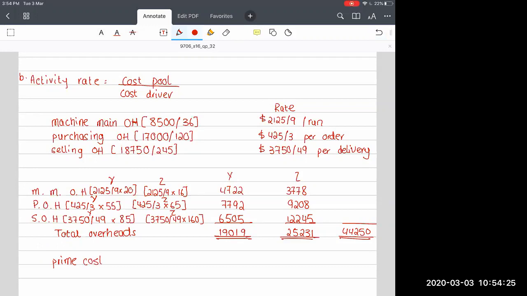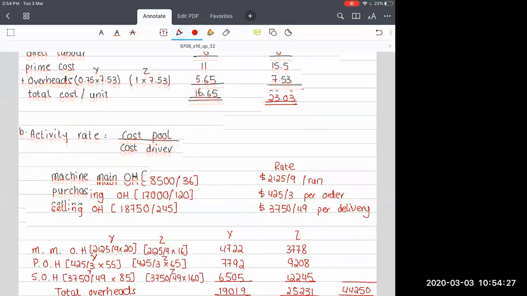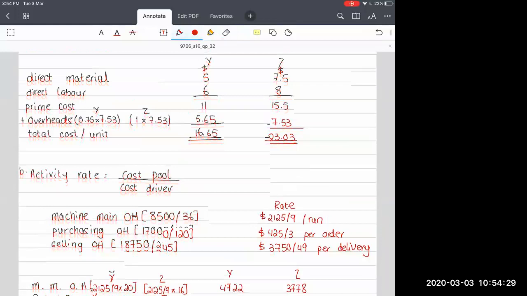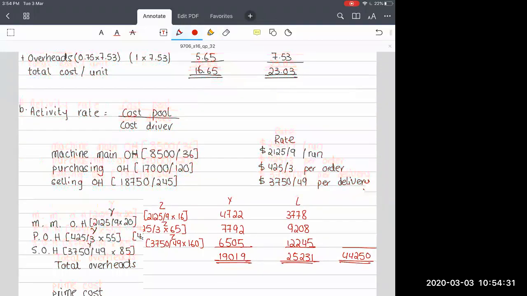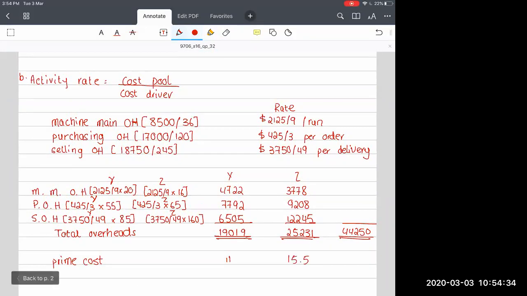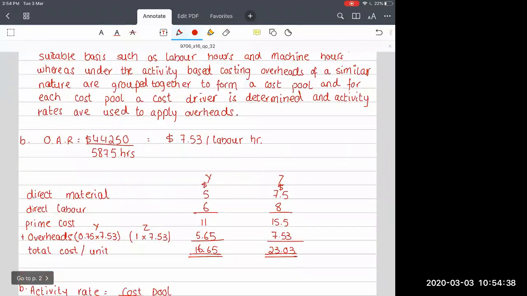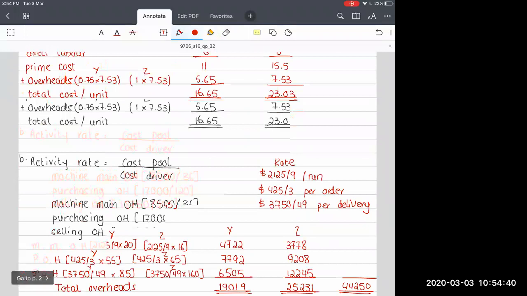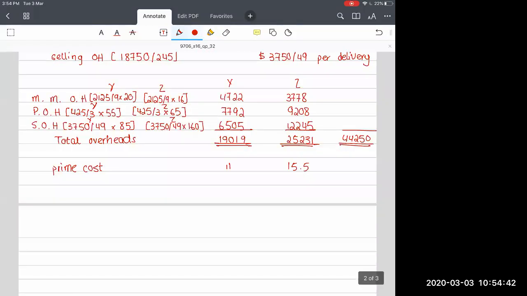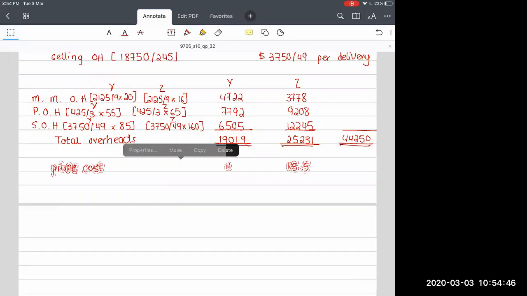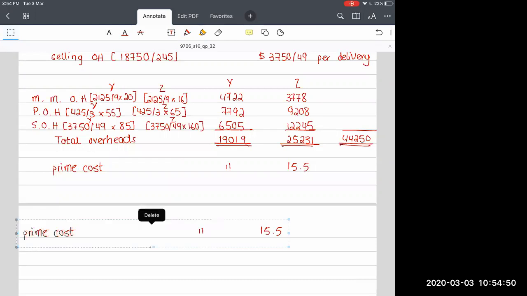So what is the prime cost of product Y? Prime cost per unit.